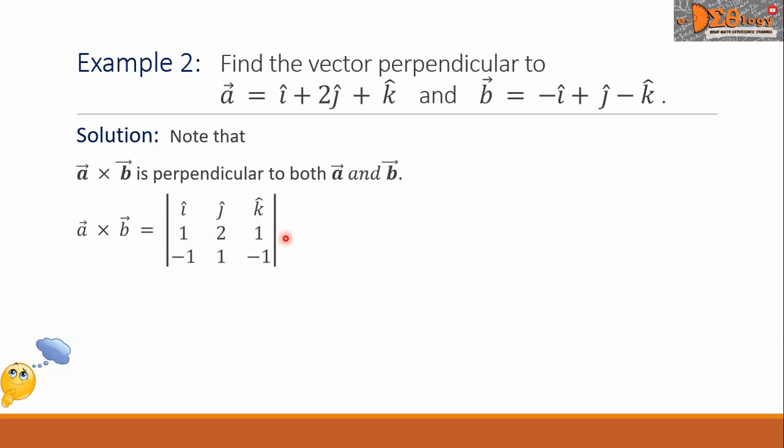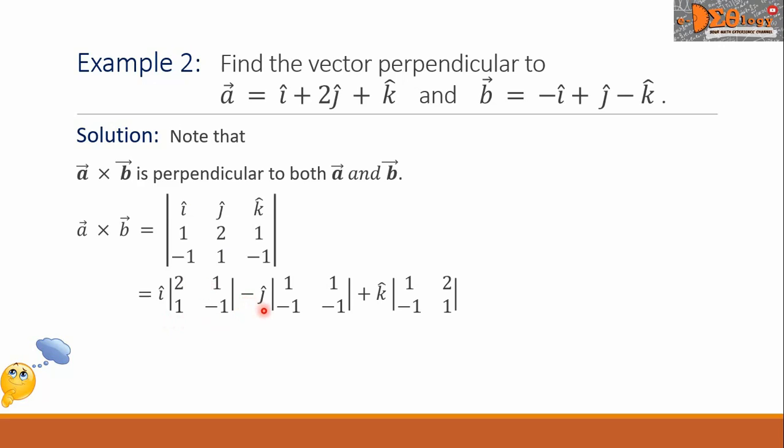The middle row has the coefficients of vector A, that is 1, 2, 1. The last row has the coefficients of vector B: negative 1, 1, negative 1. Using determinants, we write the element i multiplied by the matrix 2, 1, 1, negative 1.